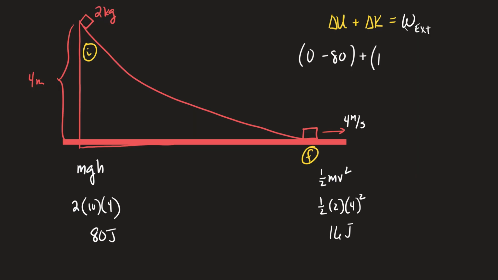Well, K final is 16 joules of energy, and the initial was 0. And this has to equal my work done. In this case, we know we're talking about the work done by friction. So it looks like negative 80 plus 16. So maybe negative 64 joules of energy was done by friction.